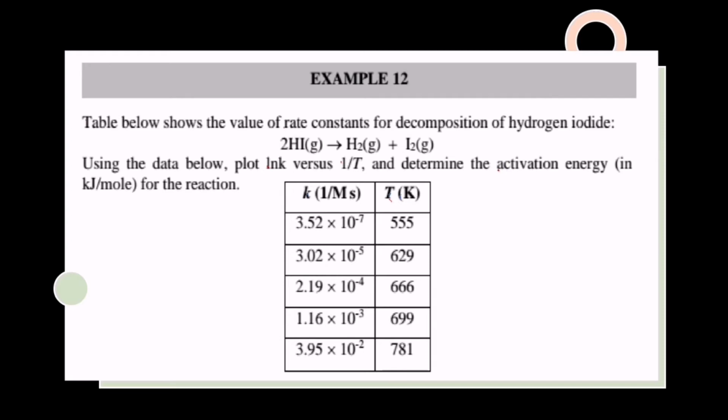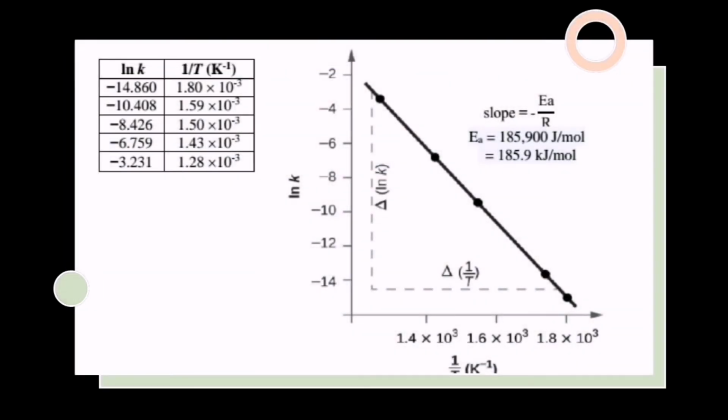So you have to plot using graph paper so that we get an accurate value for the gradient. So first you have to create a new table, put ln k values and put 1/T values in that table. So biasanya untuk PSPM buat table ni pun ada markah. Okay, then kita akan plot.